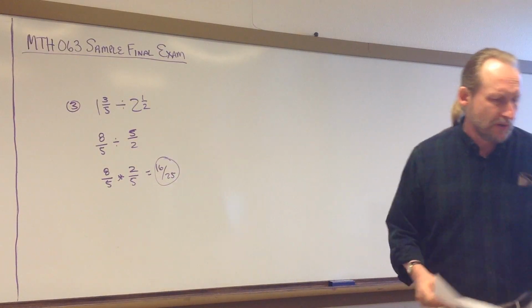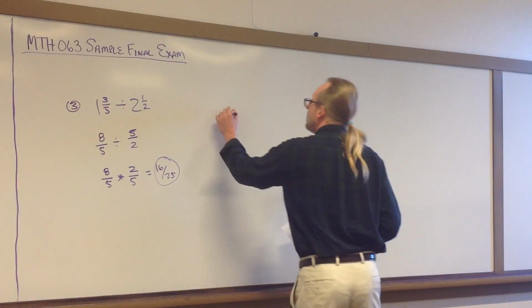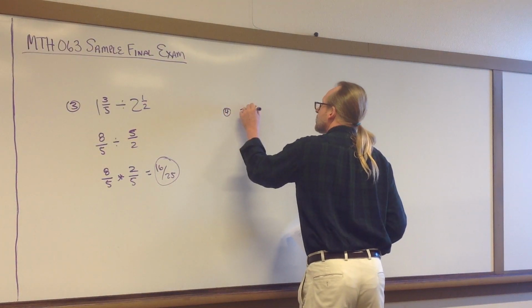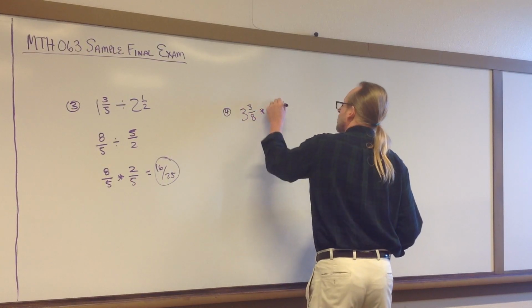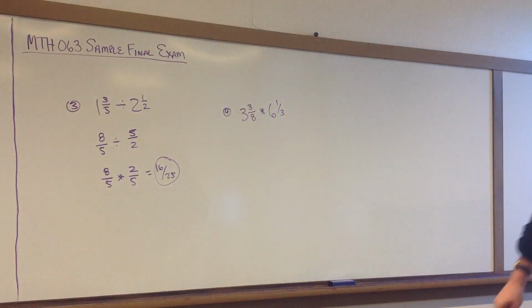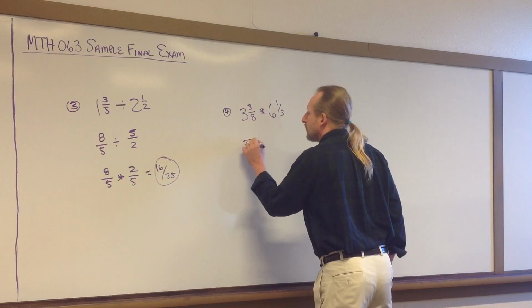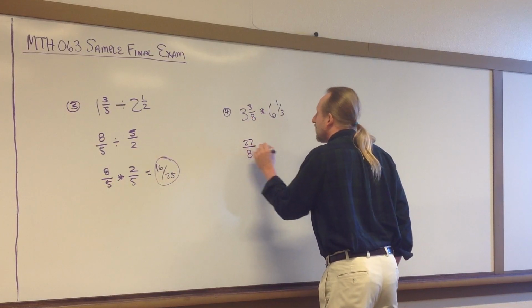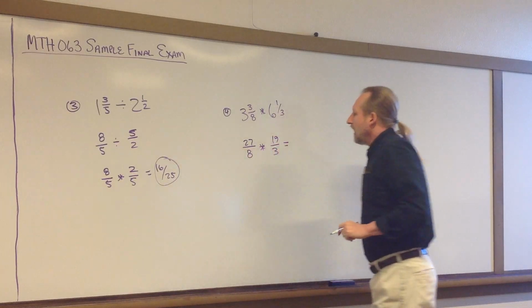And problem 4, let's see here, 3 3/8 times 6 1/3. So this is 27/8, and 19/3.